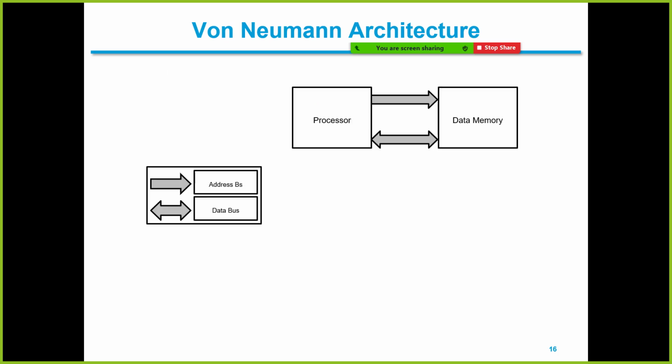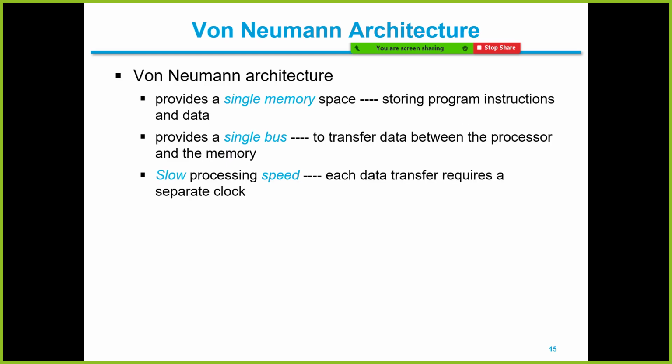So this is the von Neumann architecture. In this architecture, it only provides a single memory space. This memory space is used to store program instructions and data.